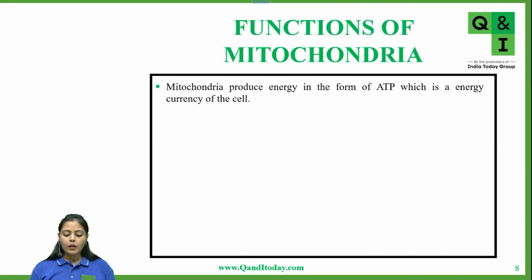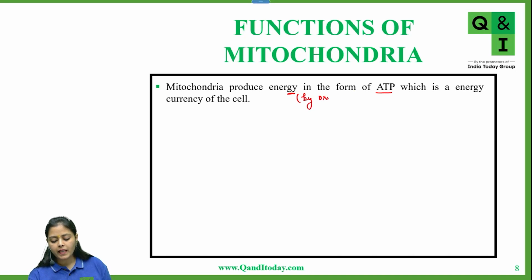Now, what are the functions of mitochondria? It produces energy in the form of ATP. And how is this energy produced? By oxidizing, or you can say by breakdown. Rather than oxidizing, use the term breakdown. That will be simpler for you. By breakdown of carbohydrates and fats.